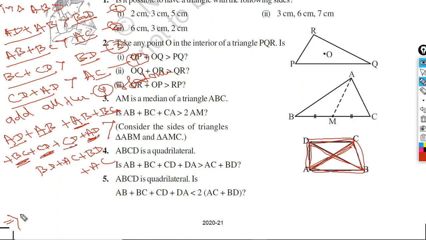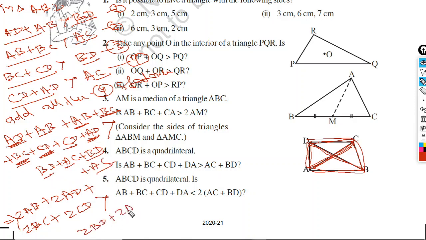So you can write 2AB plus 2AD plus 2BC plus 2CD is greater than BD plus AC plus BD plus AC. That means 2BD plus 2AC.